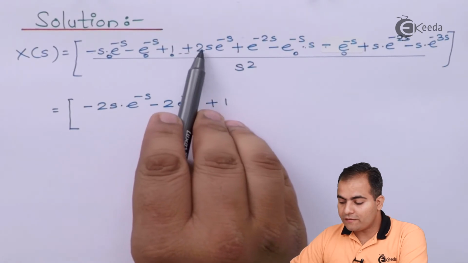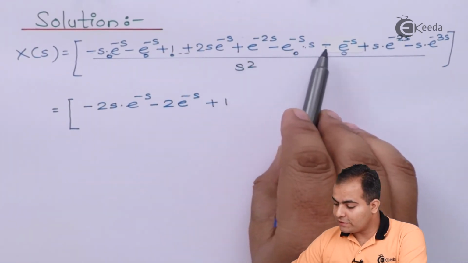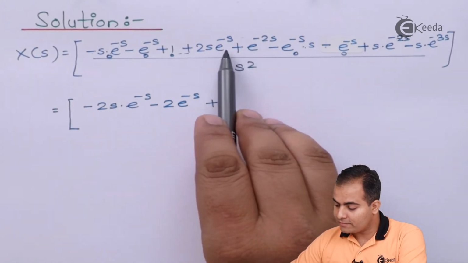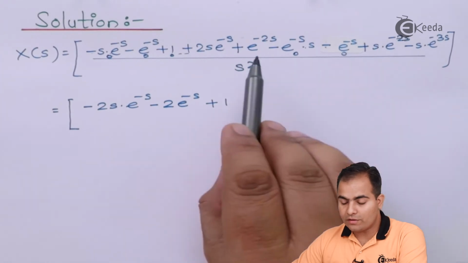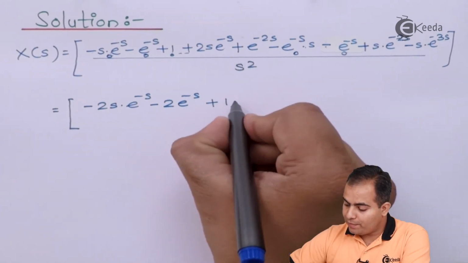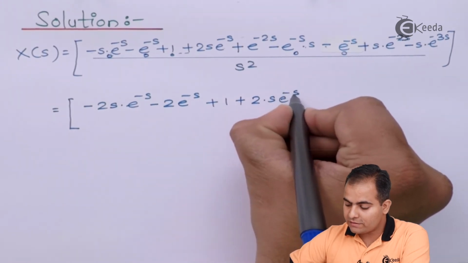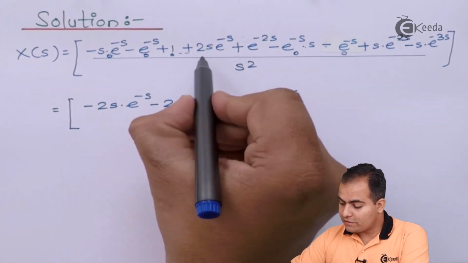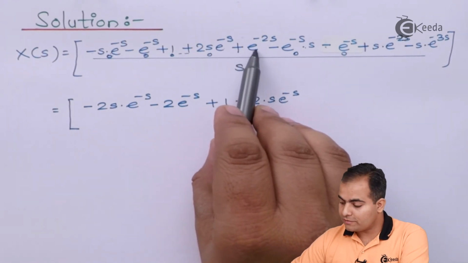Now twice of s e to the power minus s we have, we'll find out. Twice of s e to the power minus s. Look here, only e to the power minus s we have. No, it is not there. So we'll write plus twice of s e to the power minus s. Now next, this part is also done. Now plus e to the power minus 2s.